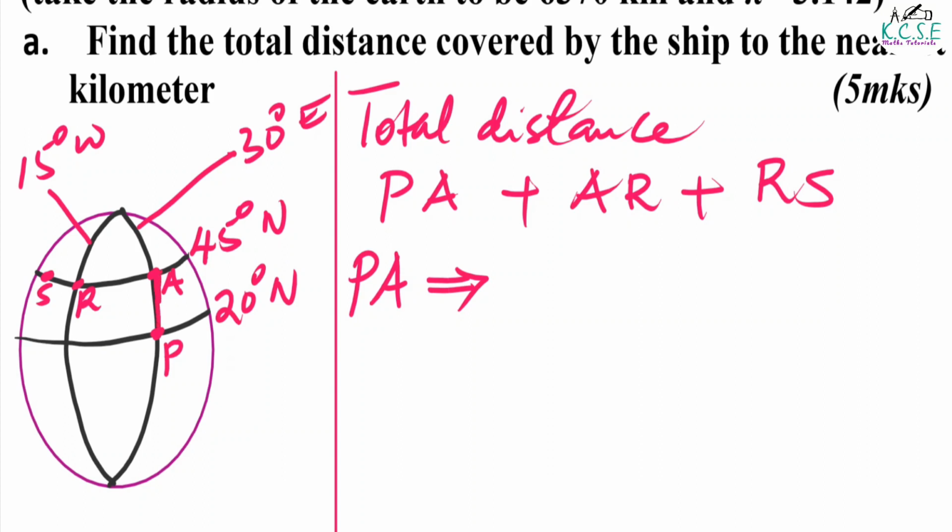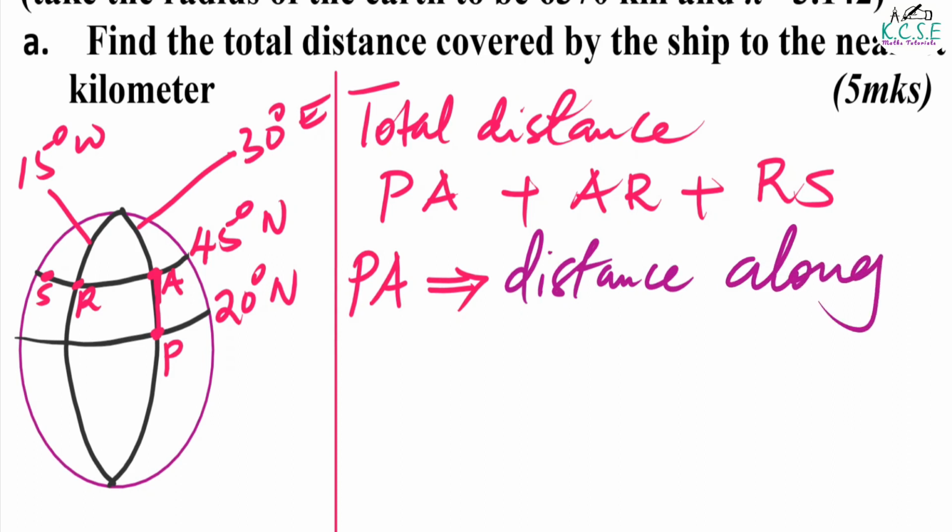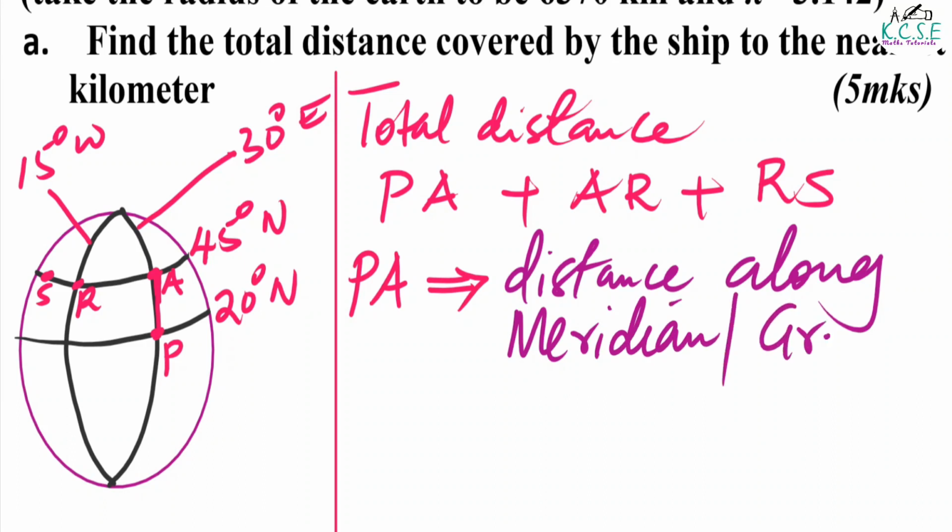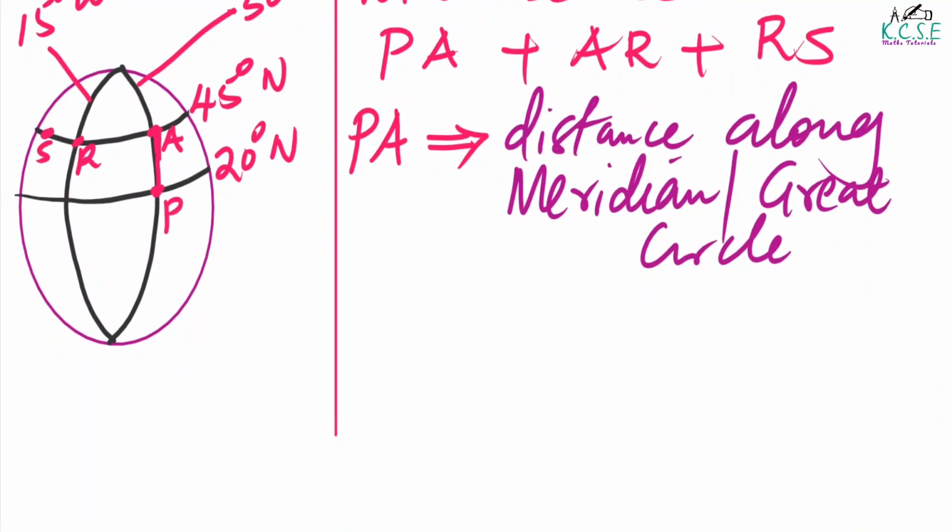That is distance along the meridian, and that is distance along the great circle. So to get that distance, this is the formula that we're going to use to get the length of that arc AP.